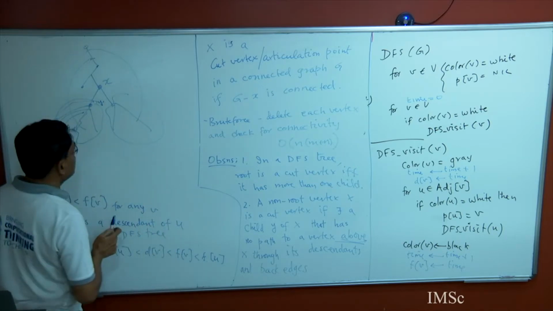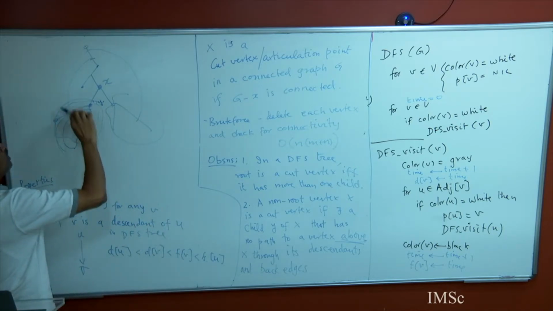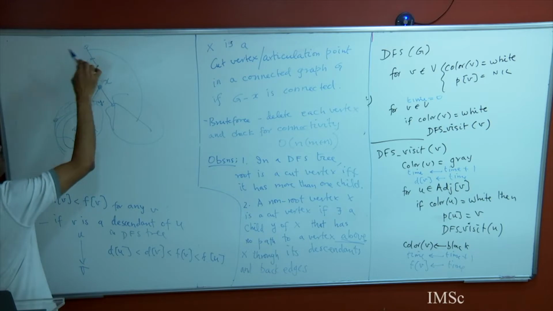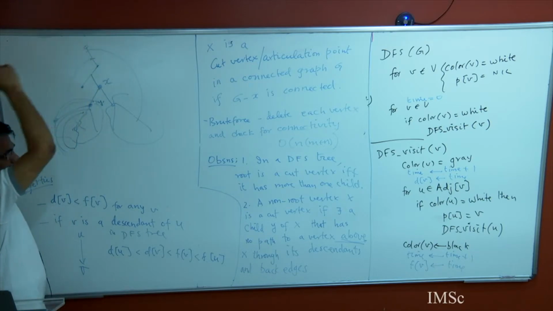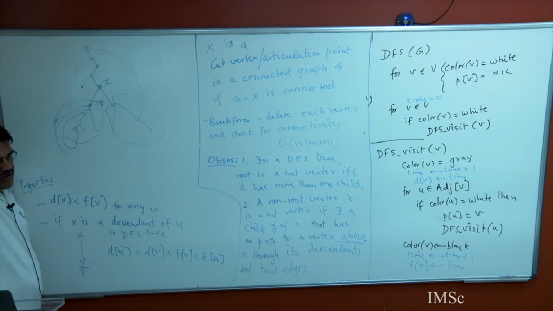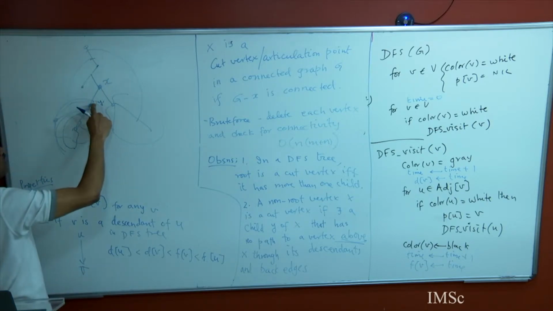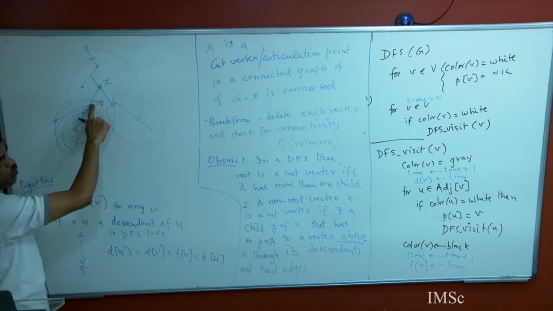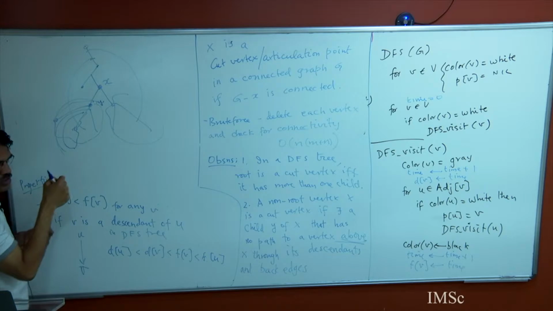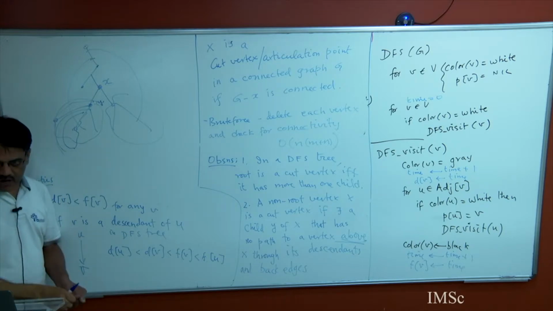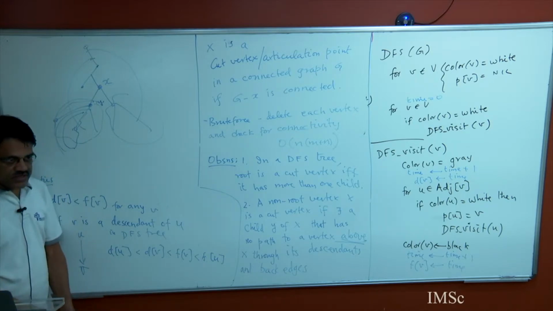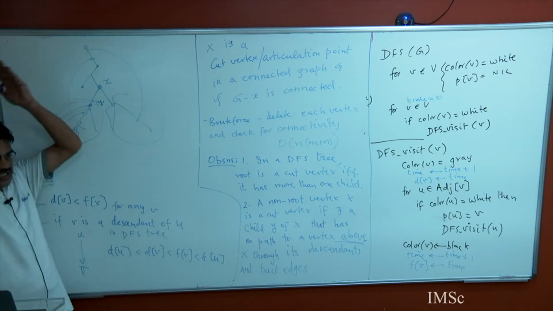What do you mean by somebody above X? Their discover value is less than the discover value of X. So look at the lowest D value you can reach from Y through paths that use some tree edges and then a back edge.